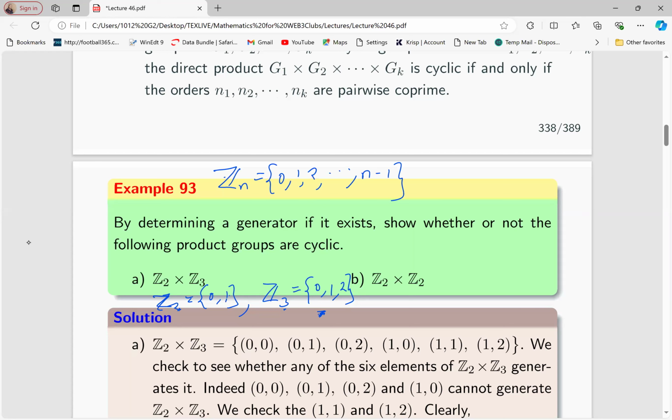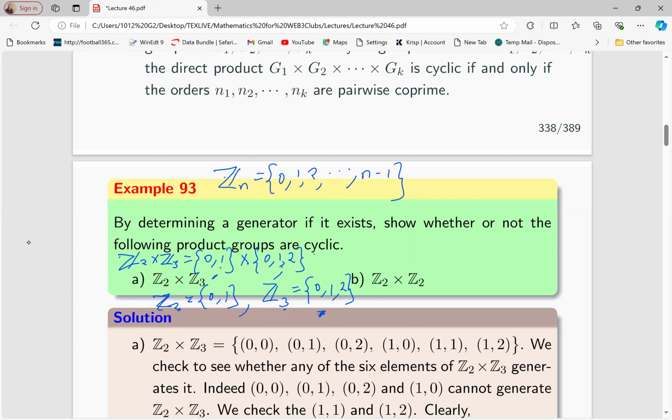Now, what do we mean by Z2? And again, I'm doing this for those who are new. What do we mean by Z2 cross Z3? What we mean is the same as 0, 1 cross 0, 1, 2. And this, we just do it the same way we used to do. We multiply the elements here by the elements here.